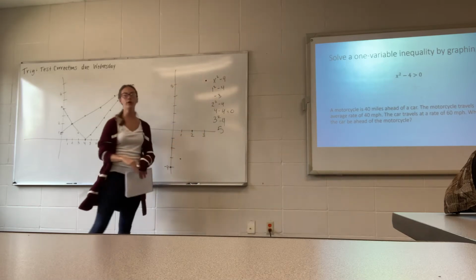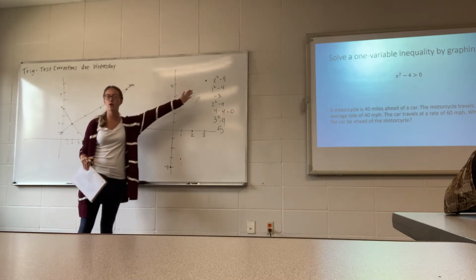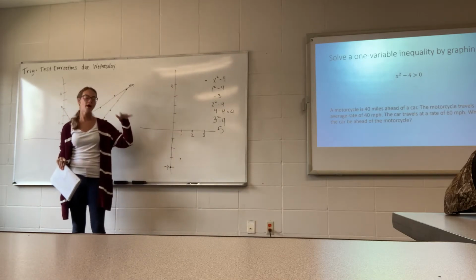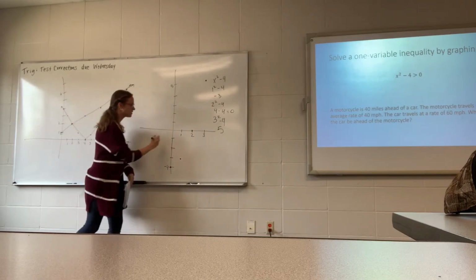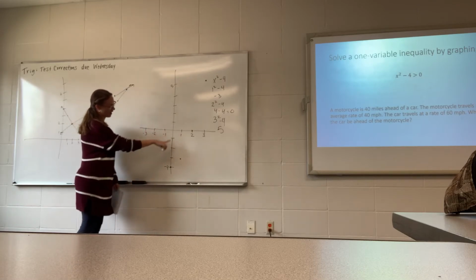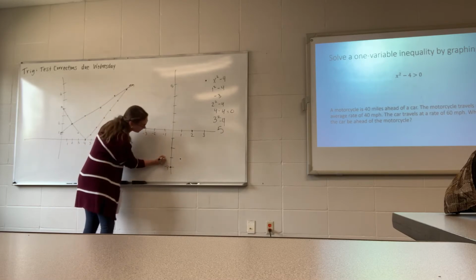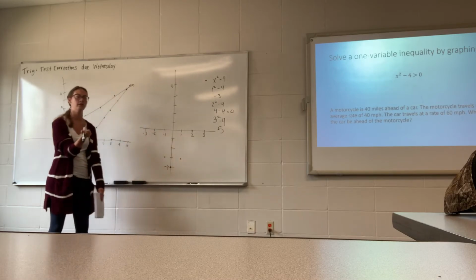Then one of the nice things about quadratics is what happens on one side always happens on the other. So I don't need to actually calculate all these points. I know that they're just gonna be mirror images of each other. So I had a point at 1, negative 3, so I'm also gonna have one at negative 1, negative 3.